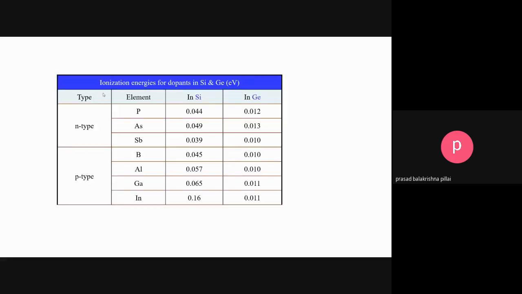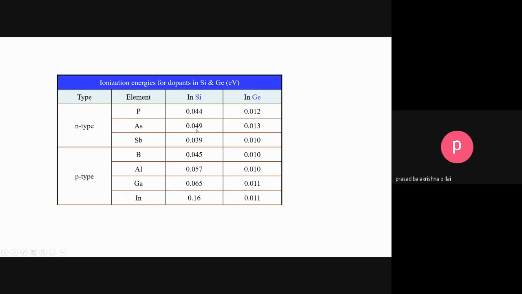Before that, last class I could not give this. Actually, these are the typical energies required in extrinsic semiconductors. We have seen that the donors, or donors and acceptors, will require a certain amount of energy. So you can see that for phosphorus in silicon, the energy required is 0.044 electron volt.